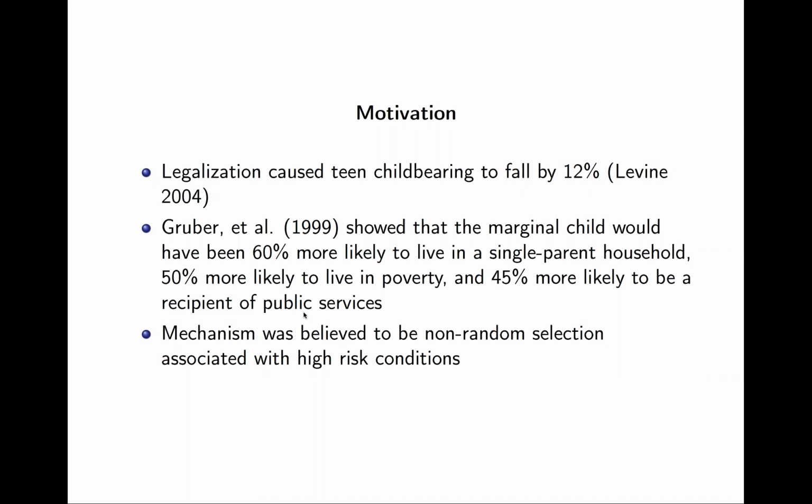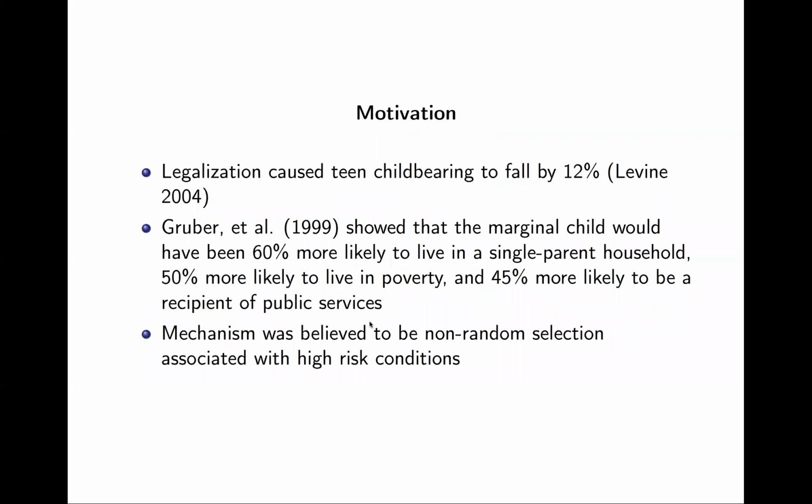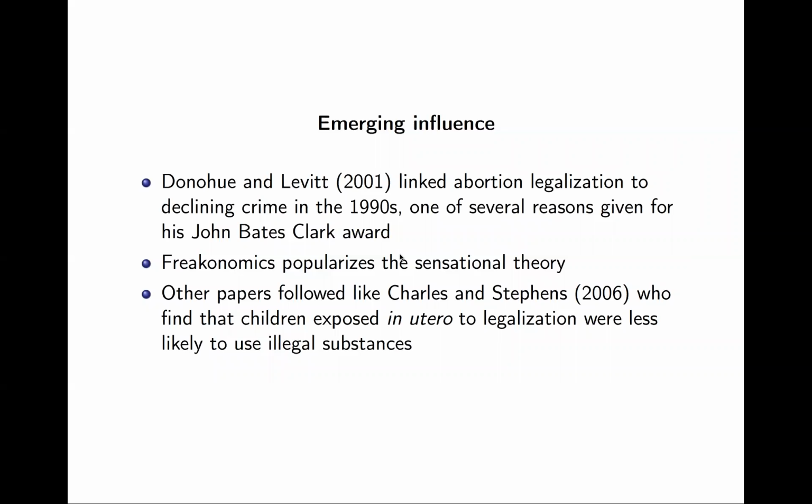Now, John Donohue and Steven Levitt, he won the John Bates Clark Award. They linked abortion legalization to declining crime in the 90s. They were saying, look, abortion legalization, just as it reduced people that lived in poverty, because the marginal child aborted would have grown up in poverty, they would have also grown up at risk and might even have committed crimes.